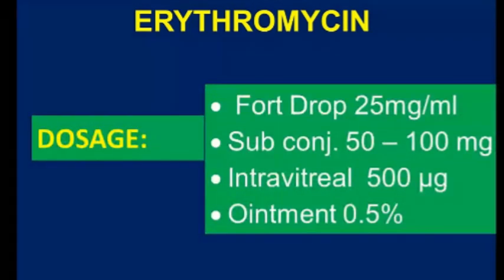So 25 milligrams of the solid or powdered form is mixed in 1 mil. The subconjunctival is 50 to 100 milligrams per day. The intravitreal is 500 micrograms per day. Then the ointment is 0.5%, once daily, usually at night.